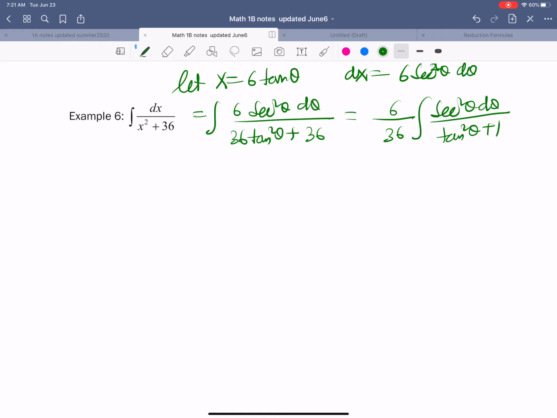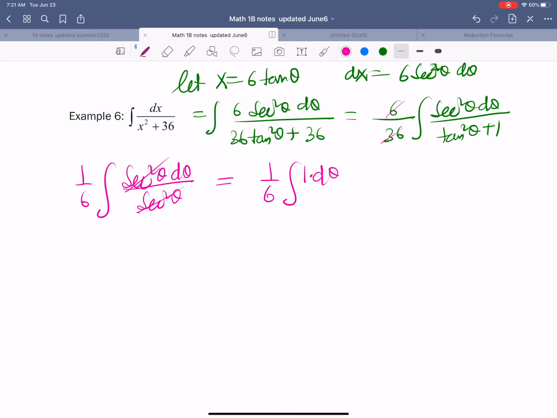So if I simplify, I'm left with 1 over 6 secant squared theta d theta in the numerator, and tan squared theta plus 1 is also secant squared theta. So we can just get rid of secant squared theta and secant squared theta. We're left with 1 d theta, and the integral of 1 d theta is just theta plus c.